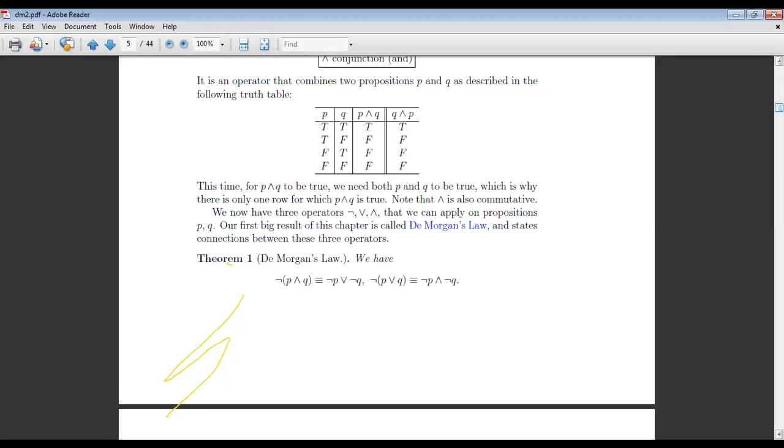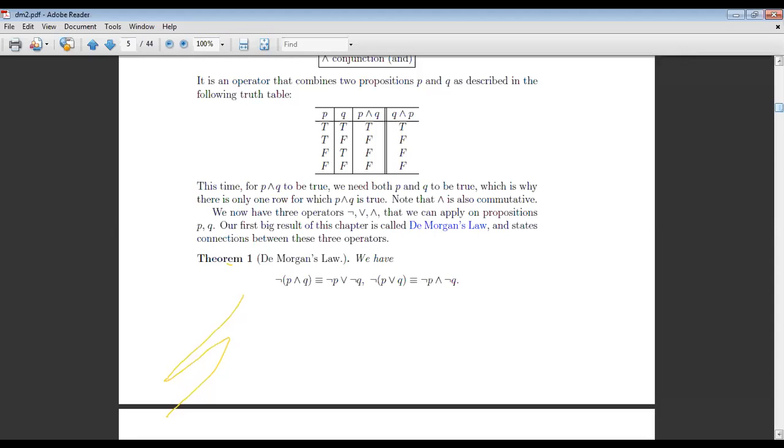Next column we require is negation of P conjunction Q. Whatever the values of P conjunction Q, what is its negation? For P conjunction Q true, negation will be false, and for P conjunction Q false, negation will be true. So the negation is false, true, true, true.